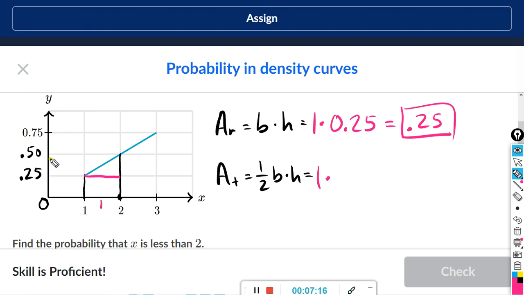Okay, so the height from here to here is just 0.25. All right, so it's the same base and height as the rectangle, except I forgot to multiply by 1/2. So this right here is times 1/2. So 1 times 0.25 is 0.25 times 1/2, or divided by 2. That's going to be 0.125.